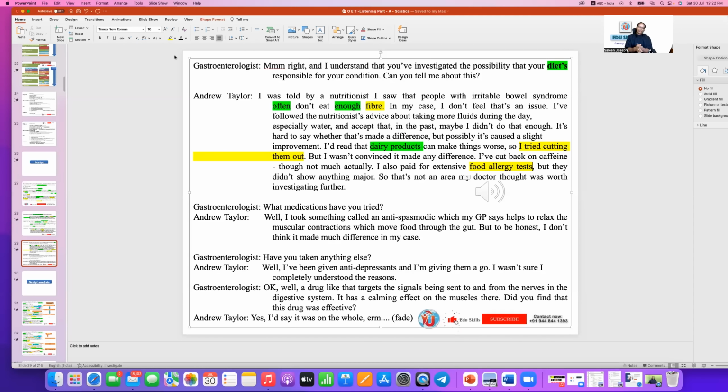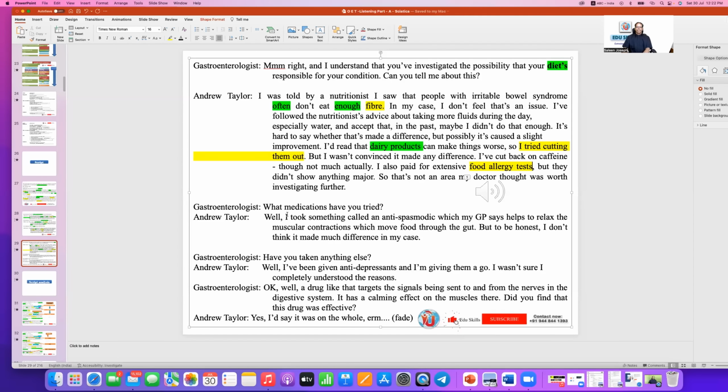Then again go back to the audio without script and try to understand whether you understand those accents. For example, here, food allergy test, they will say food allergy test. It looks like foodology, food allergy. So it sounds like foodology. So some things can be very strange for you, the accent.